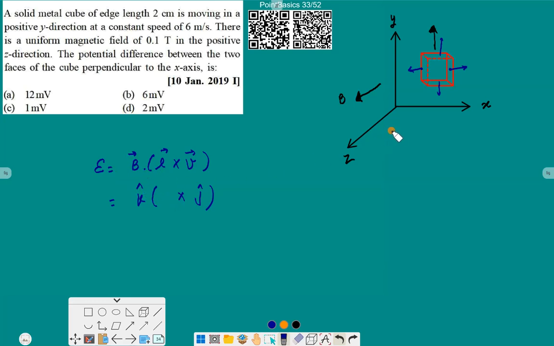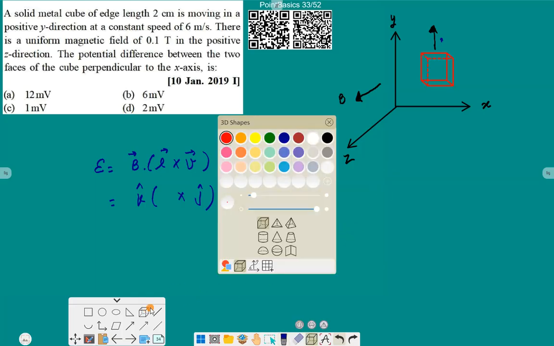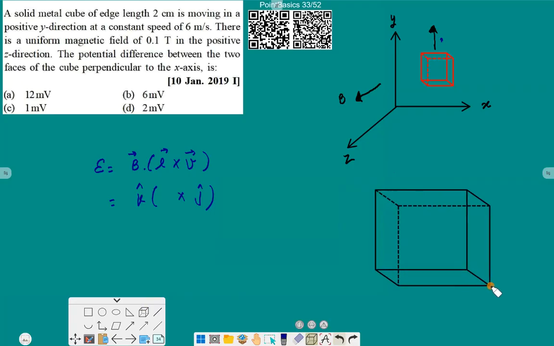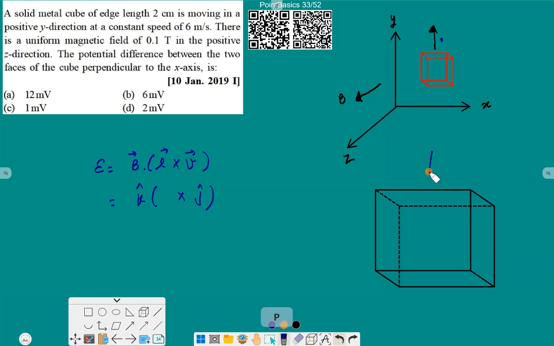Now coming to this, if I rub this, and if I draw this cube slightly bigger so that I can make it understood. Suppose this is our cube and it is moving with upward velocity.